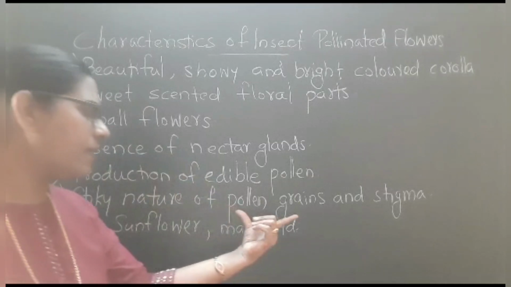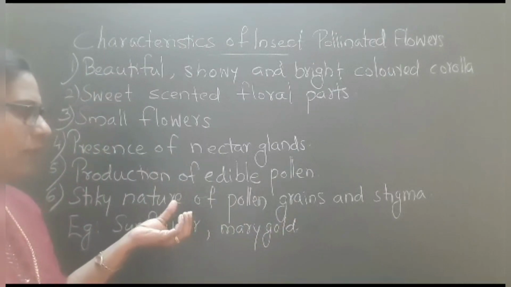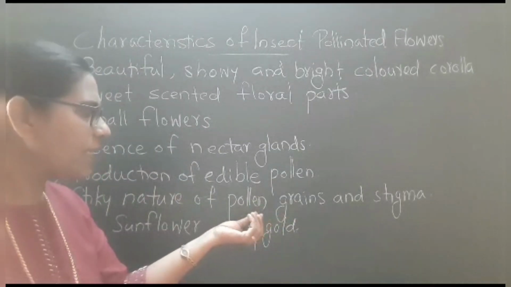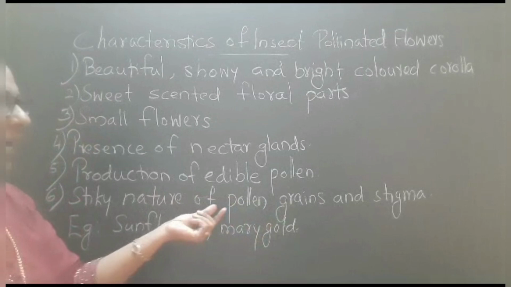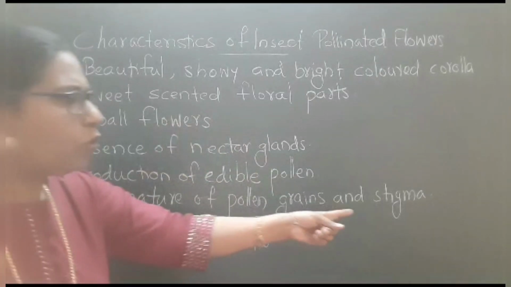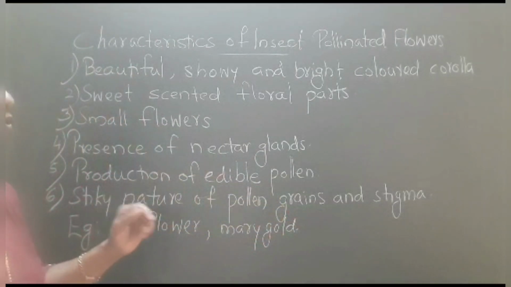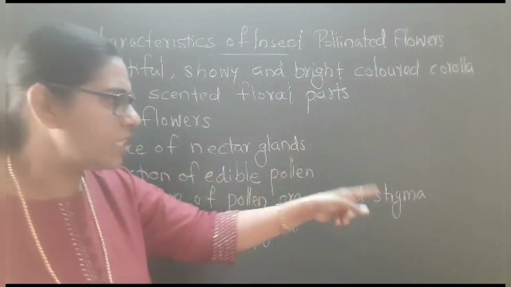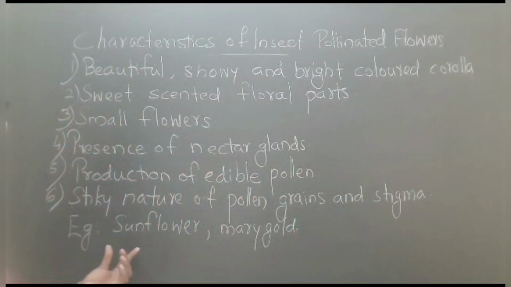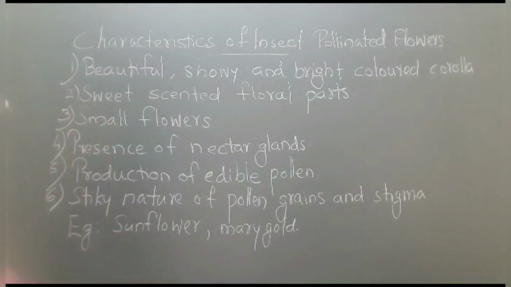When insects come to suck the nectar from the flower, these pollen grains stick to their legs, and when they go to the stigma of another flower, even the stigma is sticky so that the pollen grains can stick to it. Examples, sunflower and marigold. These are the characteristics of insect pollinated flowers.